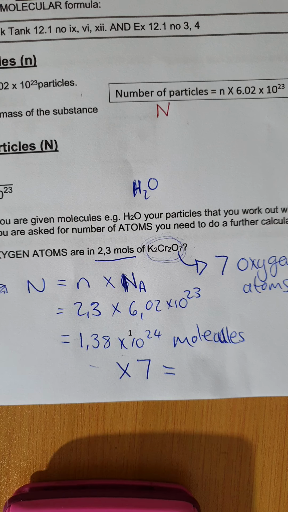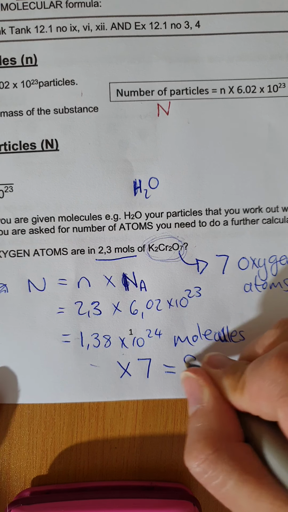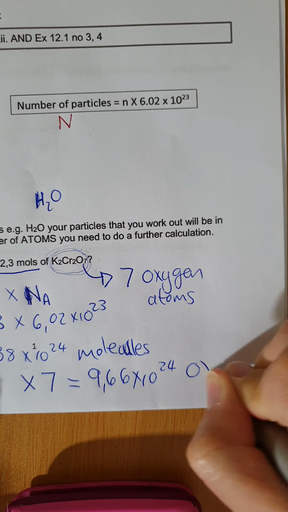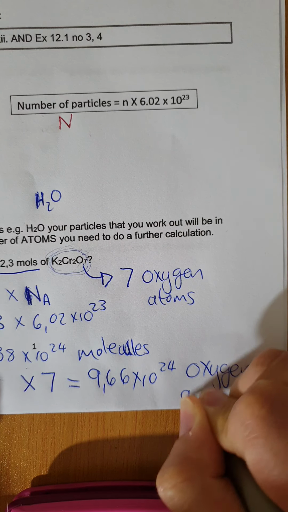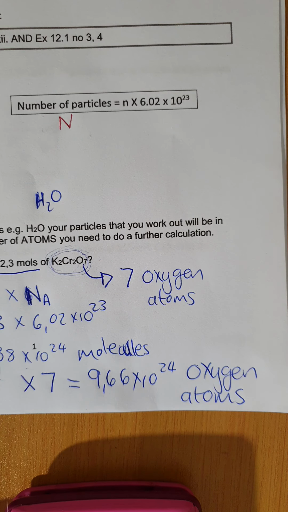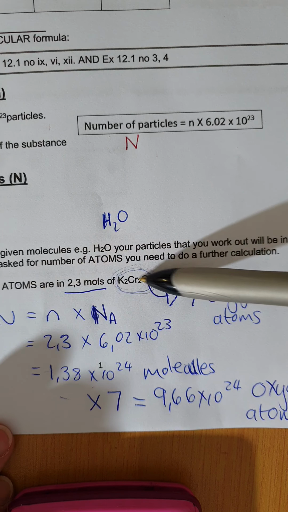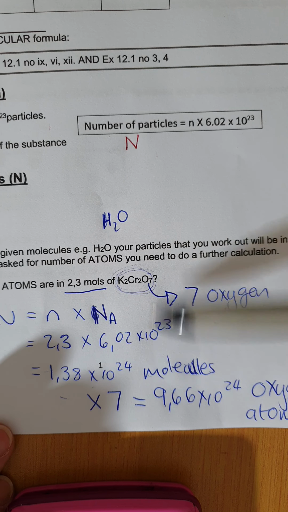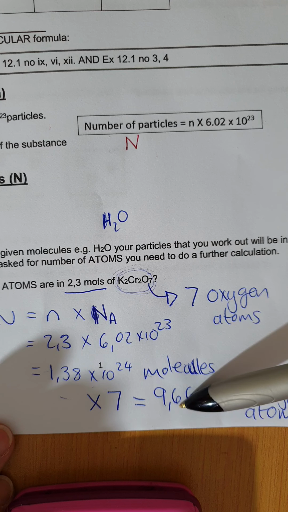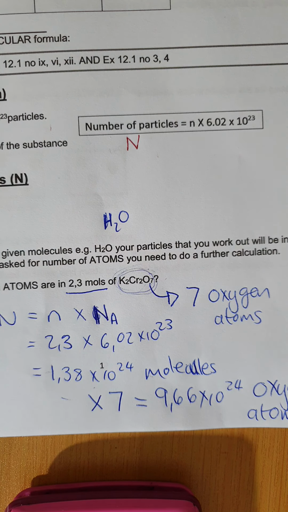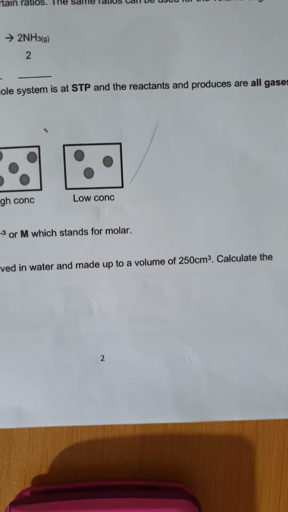So 1,38 times 10 to the 24 times 7, and I get 9,66 times 10 to the 24 oxygen atoms. Just remember that if you're asked for atoms, just check. If they give you atoms, you can stop there. If they give you a molecule, you have to go a step further, and you times by however many atoms you have in the molecule.